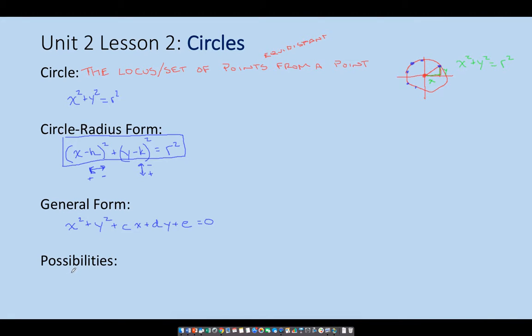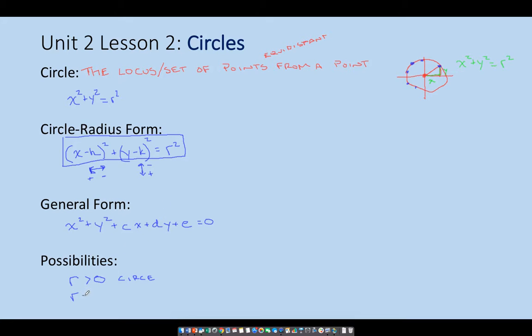We have three possibilities when we are graphing these circles. If I wind up with r greater than 0, I'm going to wind up with a circle. Okay, so that's basically it.